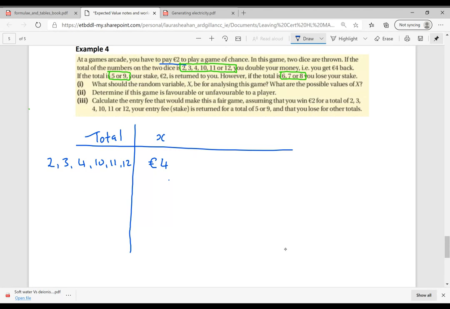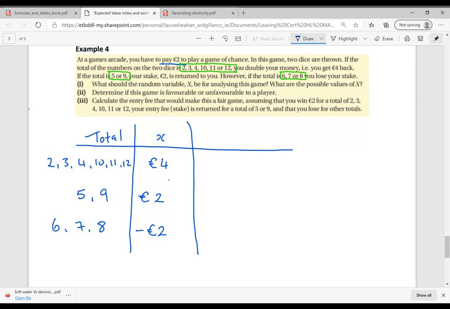If I get a 5 or a 9, my stake is €2. And if I get a 6, a 7, or an 8, I lose €2. So minus the €2. I don't get my €2 back, in other words. Okay. So sometimes it's easier to group them.